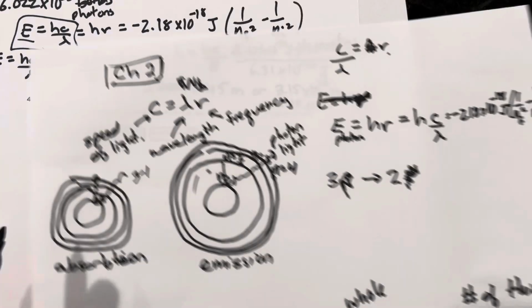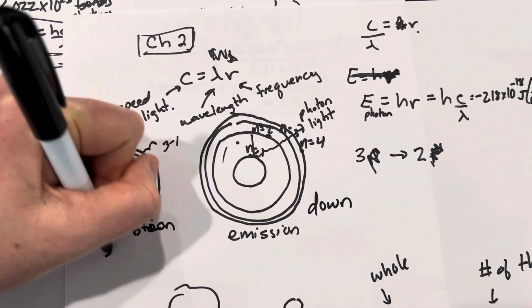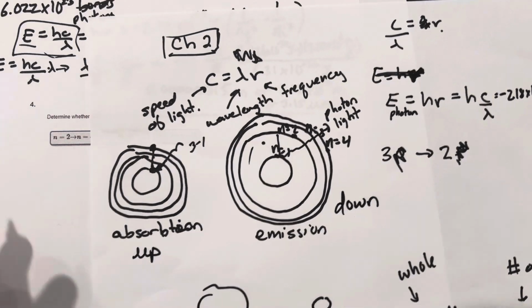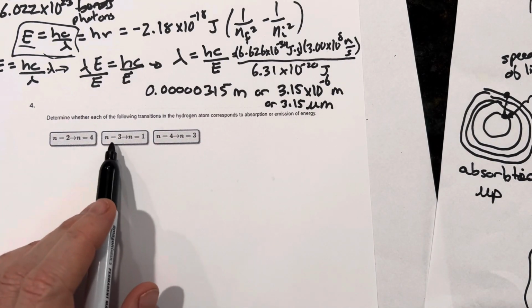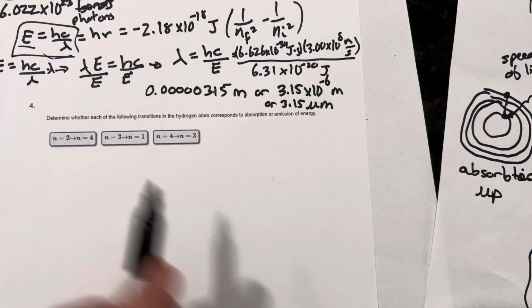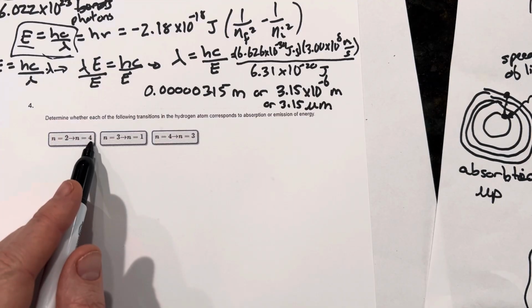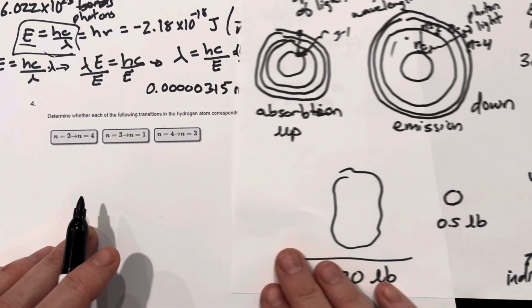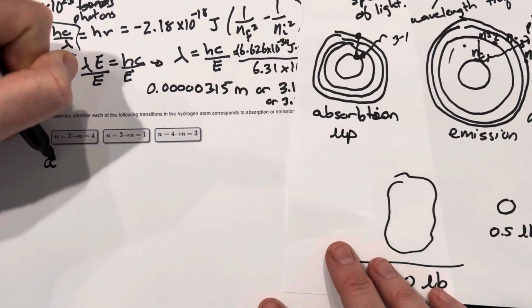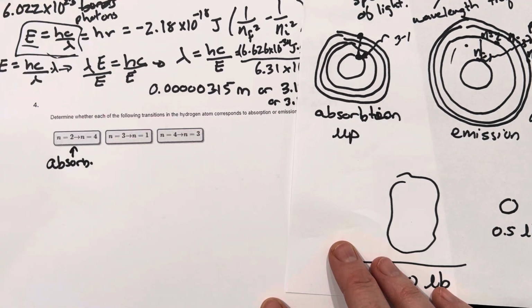So all you're asking is, did it go up or down? For emission, it goes down. For absorption, it goes up. It's that straightforward. Remember, in case they do happen to have any P's or S's or D's in these levels, you ignore them. You just look at the numbers. Here we went from a 2 to a 4, so it went up. Up is absorption. So this one is absorption.